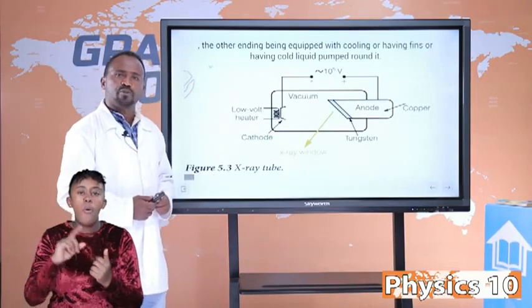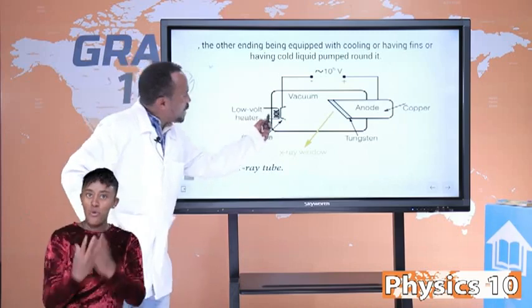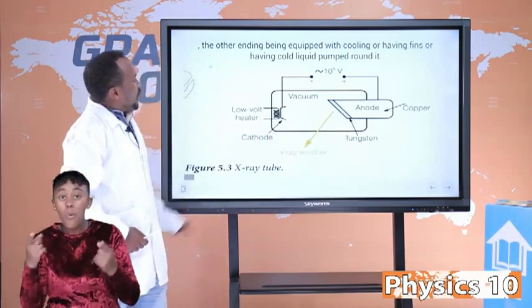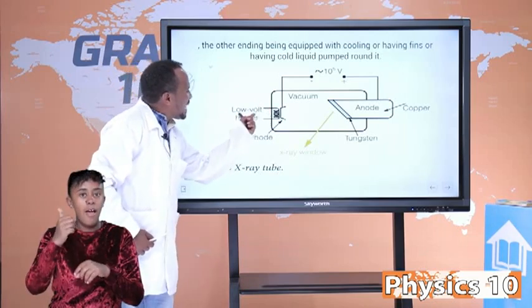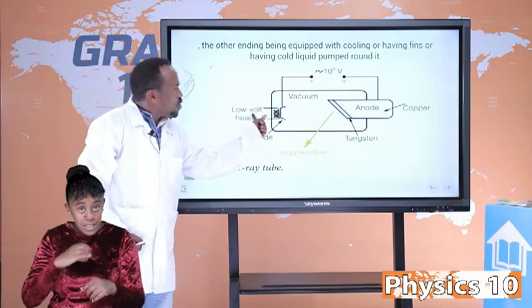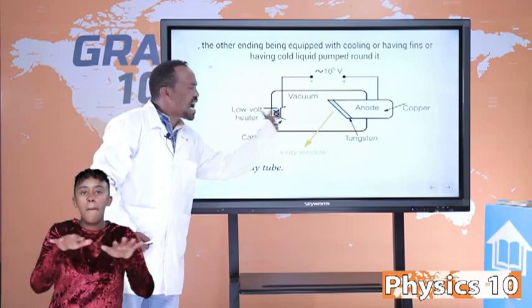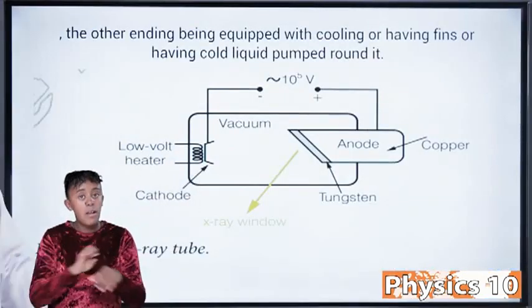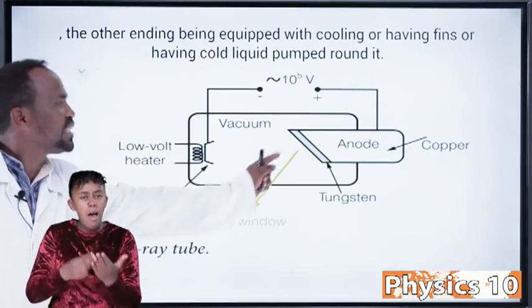Let us see how X-rays are produced. There is a heater. There is the anode. When the cathode is heated, electrons start to be emitted from the cathode surface. This emitted electron strikes the anode with high energy.